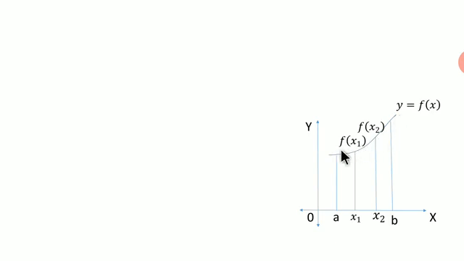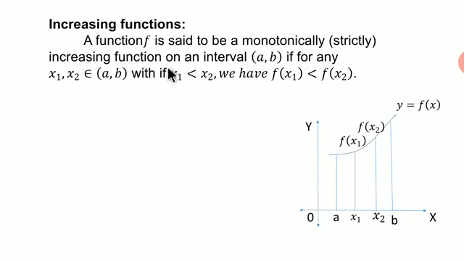Now we see the actual definition of increasing function. A function f is said to be a monotonically, that means strictly, increasing function on an open interval a to b, if for any x1, x2 belonging to the open interval a to b, with x1 less than x2, we have f of x1 is less than f of x2.